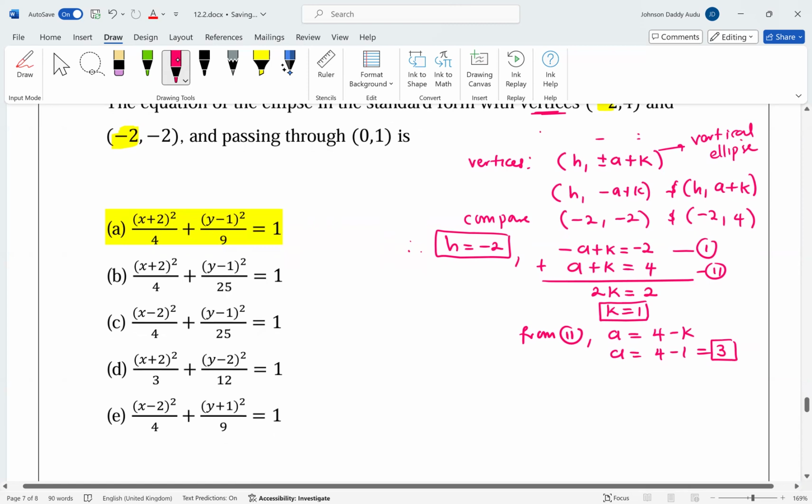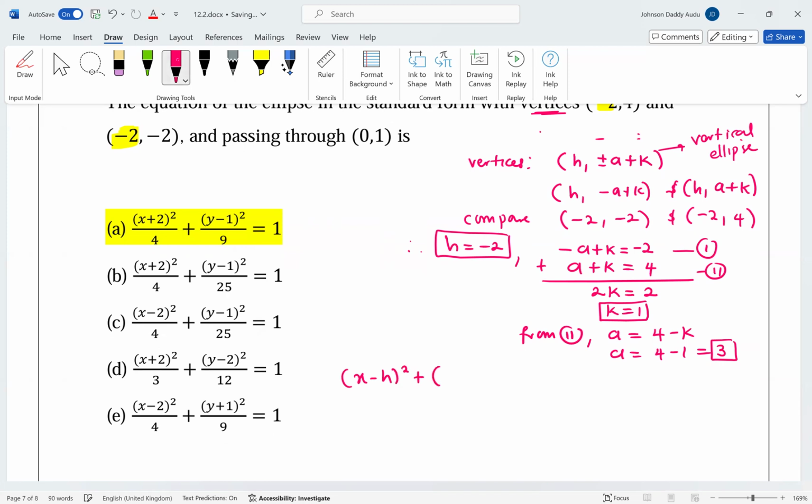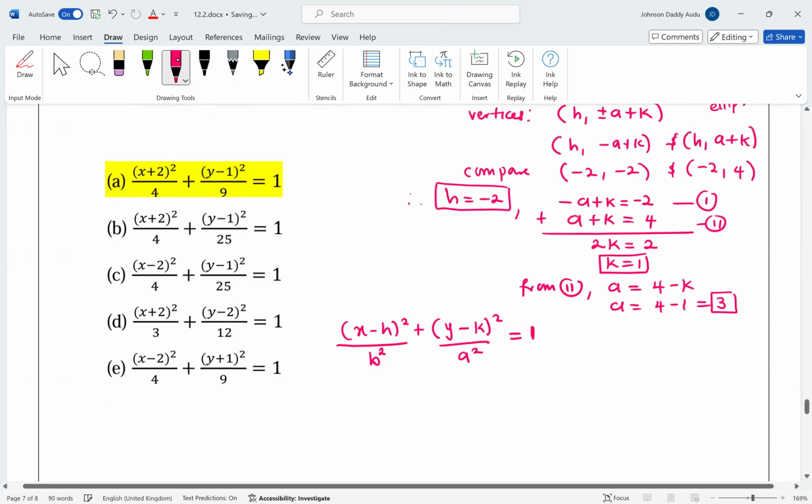And since it's a vertical ellipse, our A has to be associated with the y-axis. So it's just going to be a formula like this: x minus h squared over b squared plus y minus k squared over a squared is equals to 1. The A will be associated with the y. Yes, so this is what it's going to be.